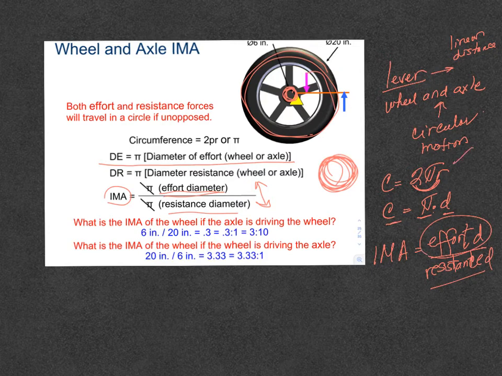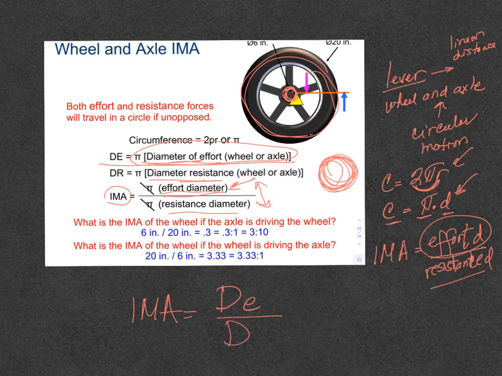By applying the circumference equation to the diameter of the effort and the diameter of the resistance, they substituted the formula for the circumference and simplified until they got that equation. And you have 2 examples over here.